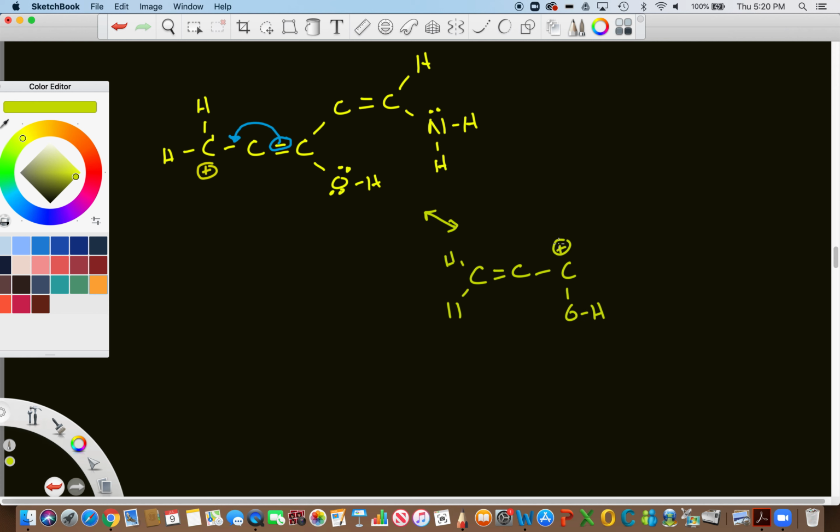That carbon's going to be positive now. Keep my electrons. So far, so good.